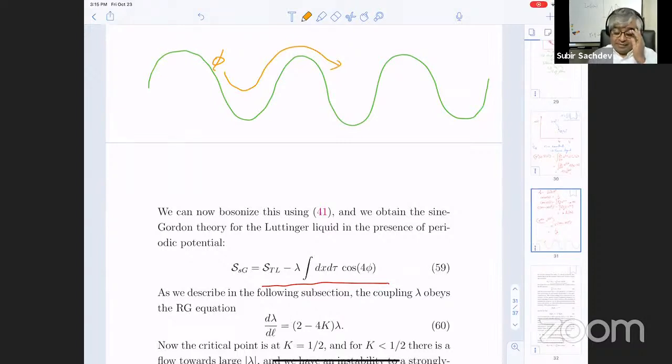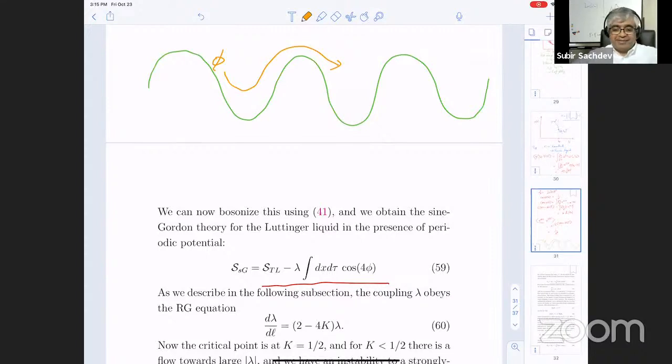So what we'll find is that depending on the value of k, if you go to long distances, two possible fates are possible. One fate is that the potential doesn't matter. It becomes weaker and weaker at long distances, and the field phi just keeps sliding around from minus infinity to plus infinity without caring about where the potential minima are. So we say it becomes irrelevant.